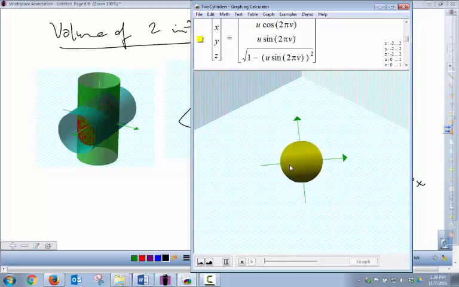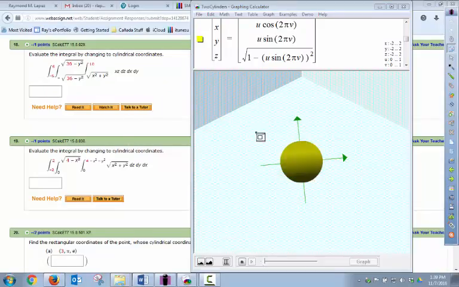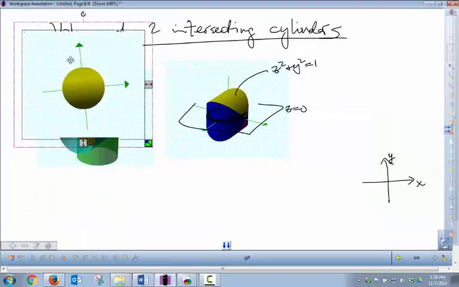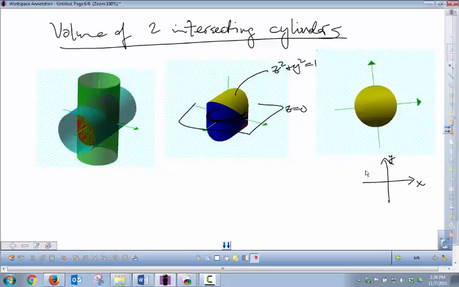And that makes sense, right? Because one of the cylinders is going to be going straight up at you. And so that's the top view. So when we take a look at the top view, it's going to be just a circle of radius 1.